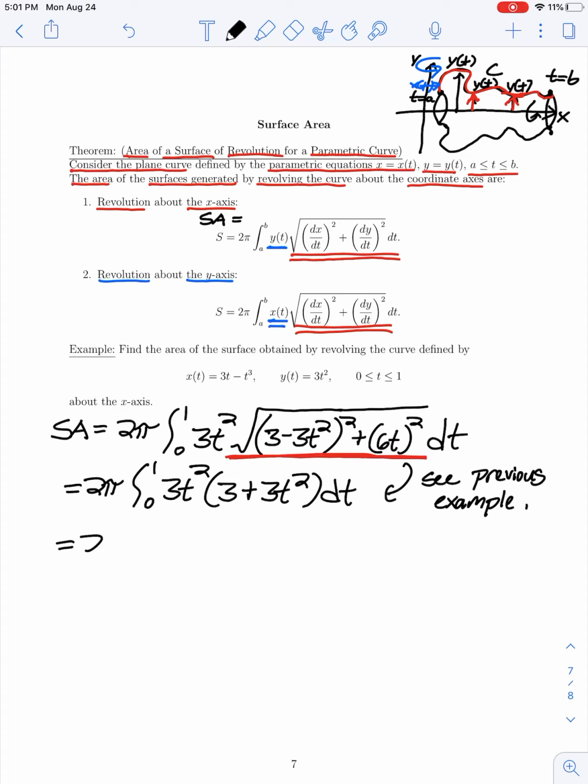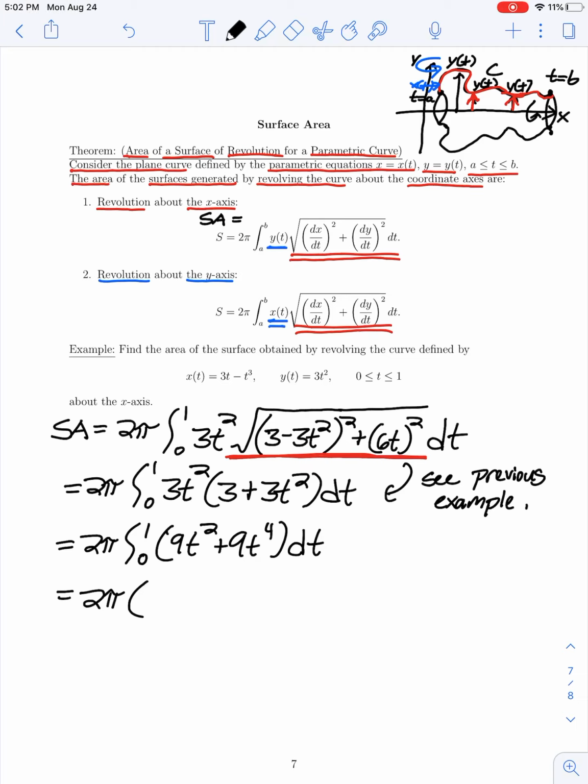Simplifying a bit further, we have 2 pi times the integral from 0 to 1 of 3t squared, which we're then distributing. So we have 9t squared plus 9t to the fourth dt. Now we're ready to find our antiderivative.